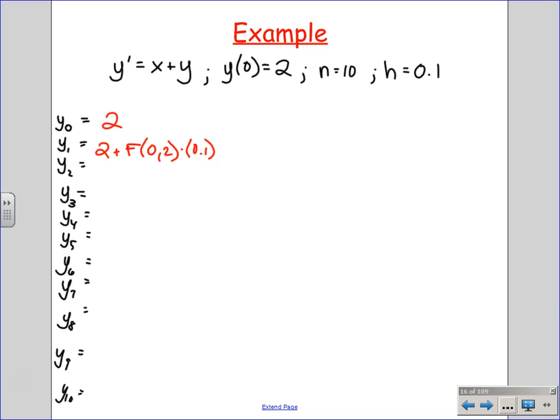This is our iteration. Hold on. What do I want to do? There we go.